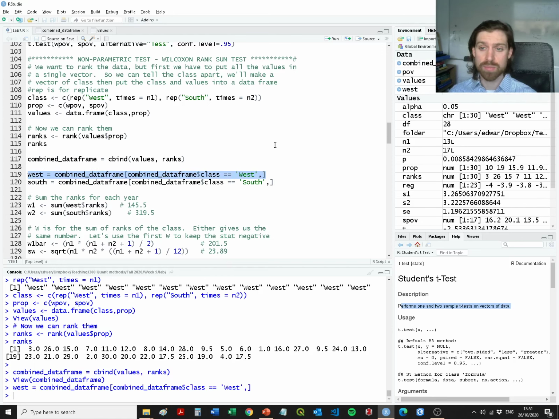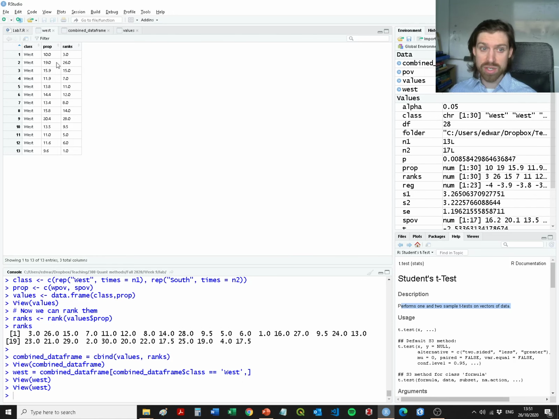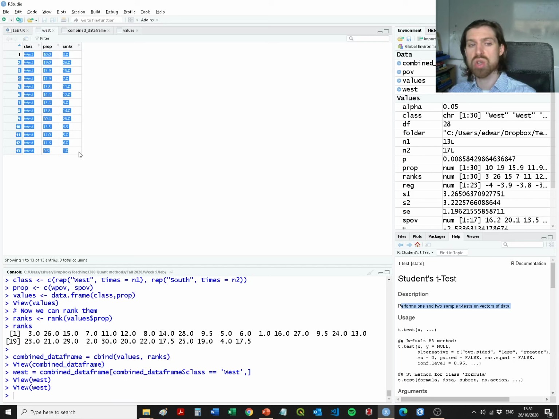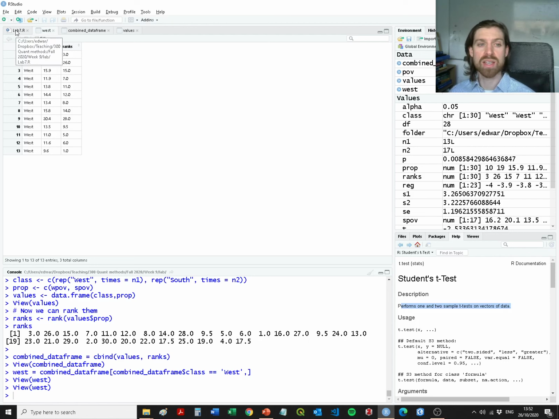When you do that, you end up with this subset of rows. All you've done is make a new data frame called West, which contains only those rows which are part of the West class. It has all of our poverty rate data and the ranks for that particular region.